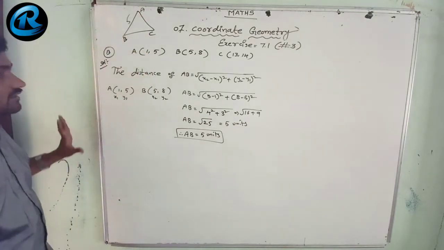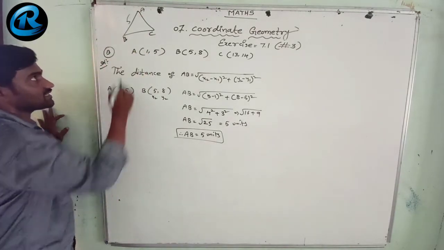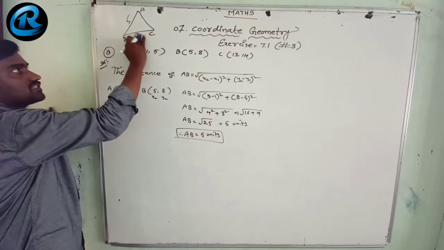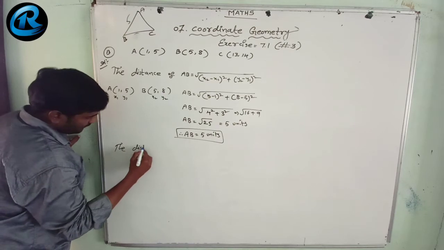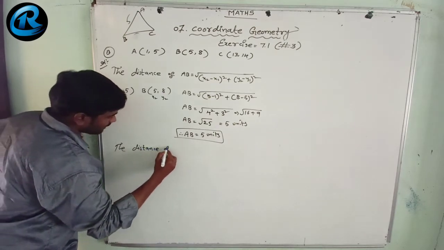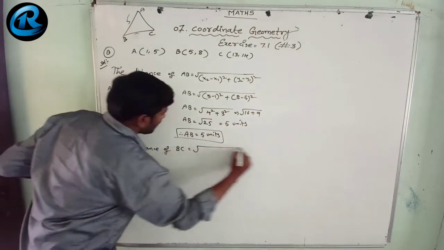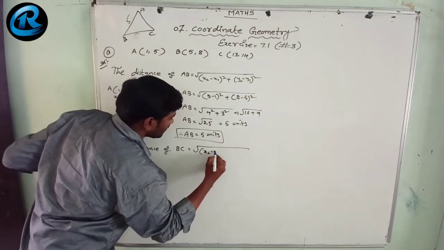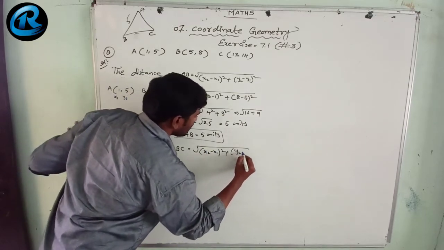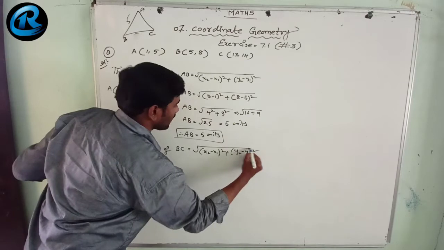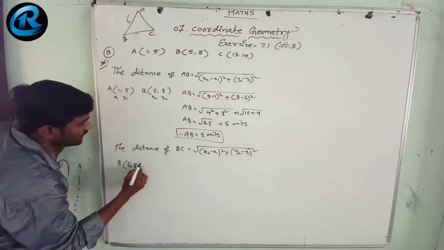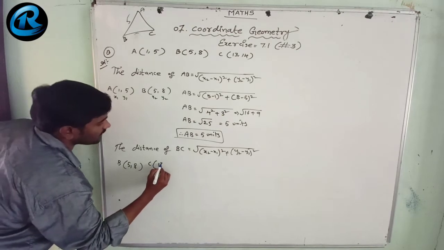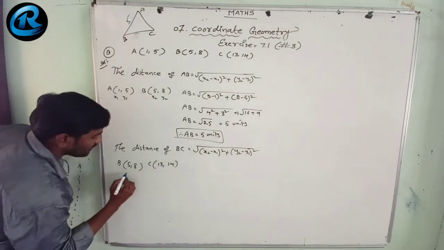Then let us take the distance of BC, the square root of (x2 minus x1) whole square plus (y2 minus y1) whole square. Here point B is (5, 8) and point C is (13, 14).